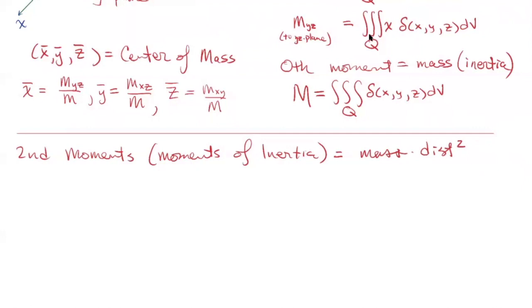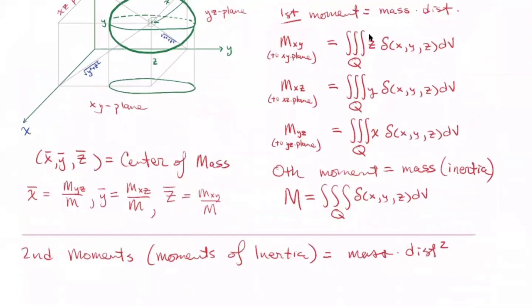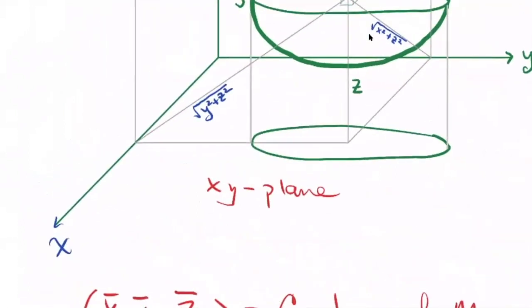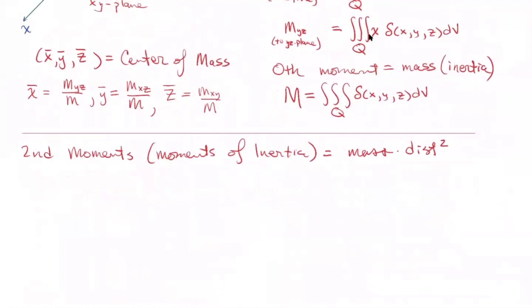And we rotate about an axis. You're not going to rotate around a plane. That makes no sense at all. So when we talk about rotation about the x-axis, the distance from the point to the x-axis is the square root of y squared plus z squared, and you're going to square that so the square root goes away because it's distance squared. So you're going to have a moment of inertia about the x-axis, and you're integrating over the solid.